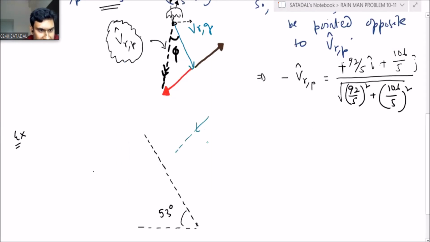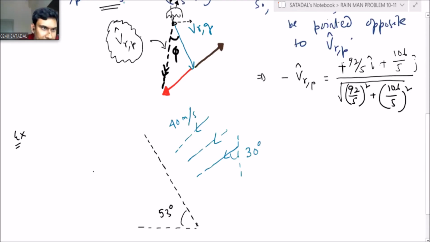Let us say it's falling like this, and this angle is given to be 30 degree. Let's say it is 40 meter per second.